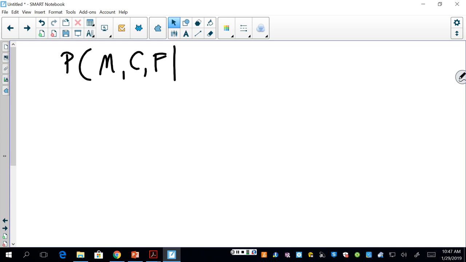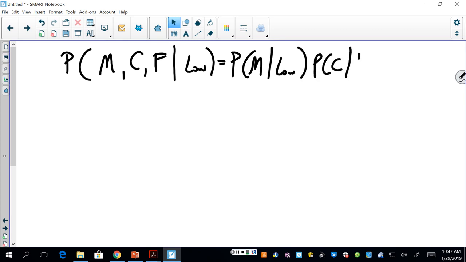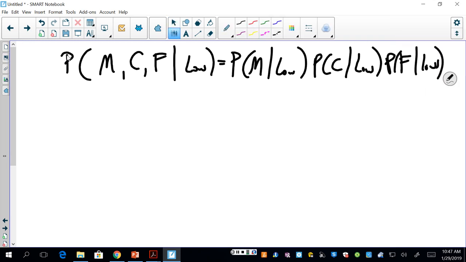Given, say, the low activity group is described in this research as the response to the motor, times the response to the crying level, times the response to the fear level in that group.